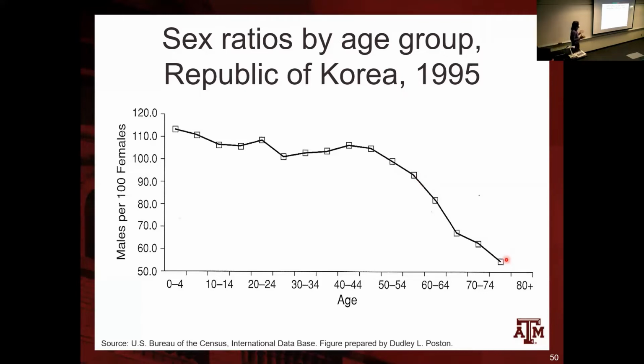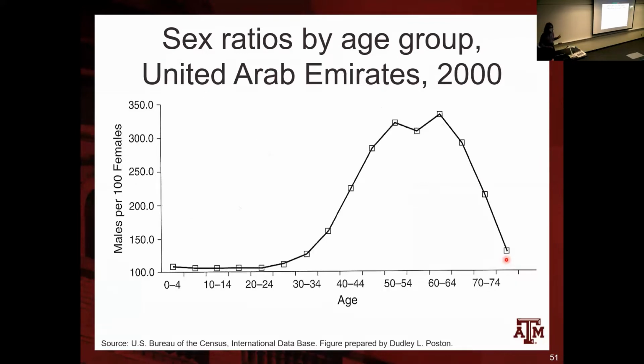And that doesn't happen for all countries. The other example shown in the textbook is the United Arab Emirates, where for all age groups, sex ratios are above 100%. That means more men than women in all age groups.